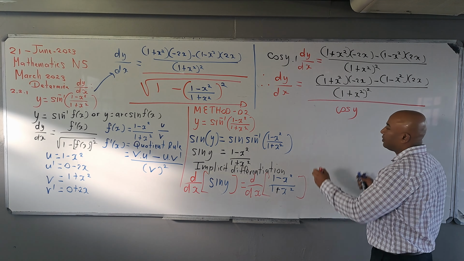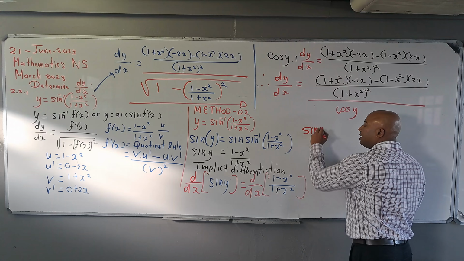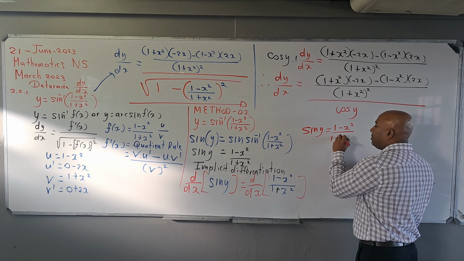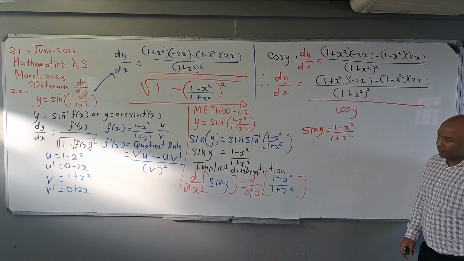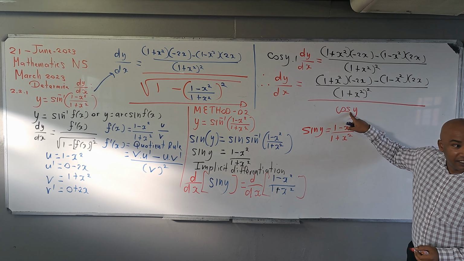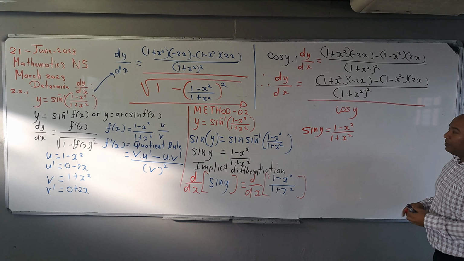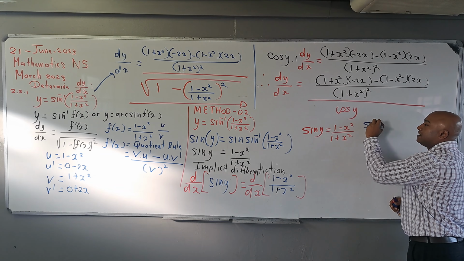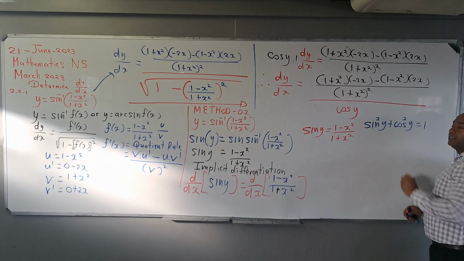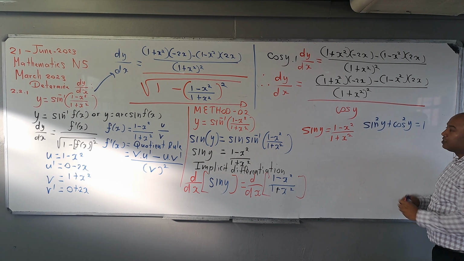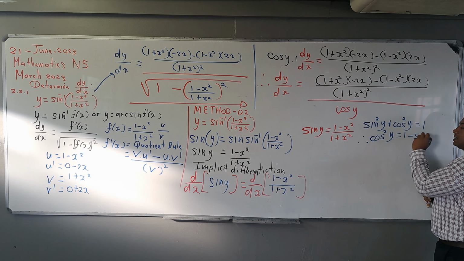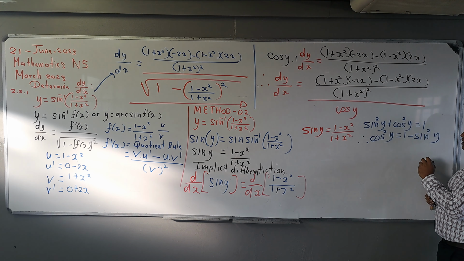Sin y, what do we know? We know that sin y is equal to 1 minus x squared all over 1 plus x squared. And this is not sin y, this is cos y. So we know that sin squared y plus cos squared y is equal to 1. So therefore, cos squared y is equal to 1 minus sin squared y.